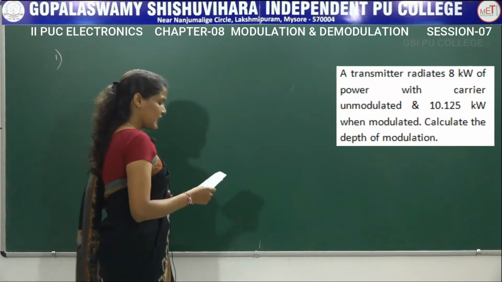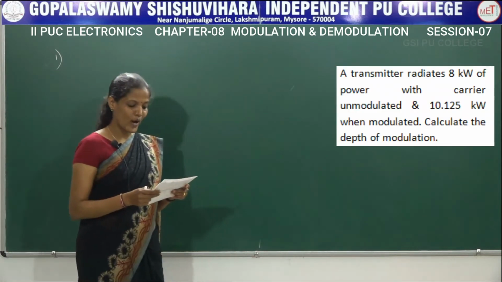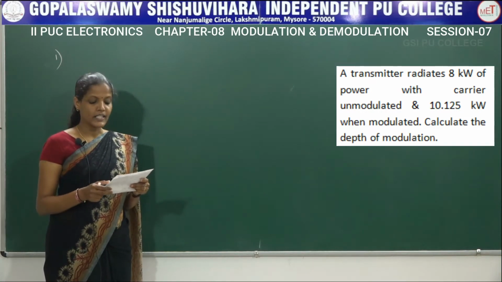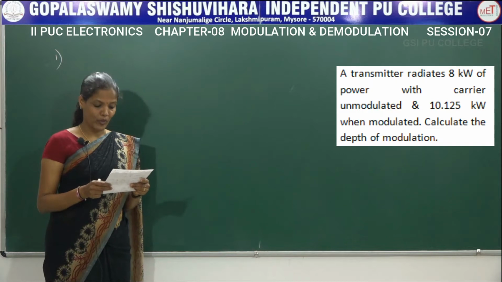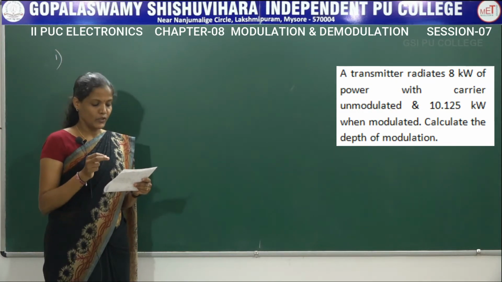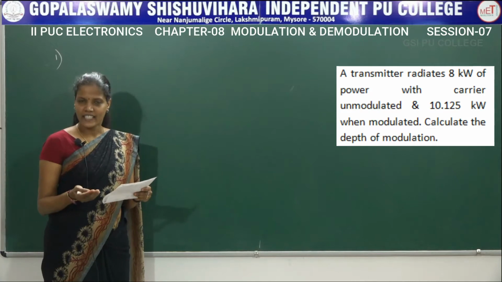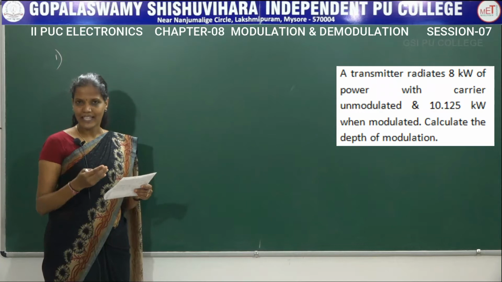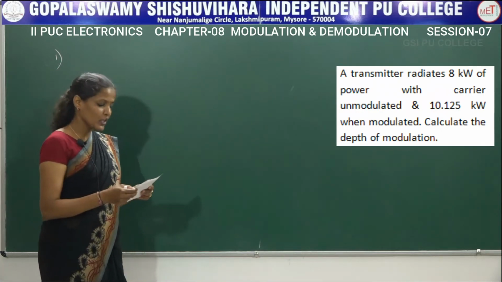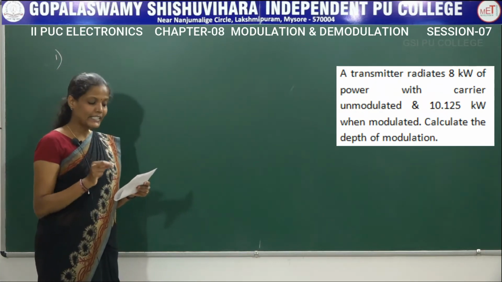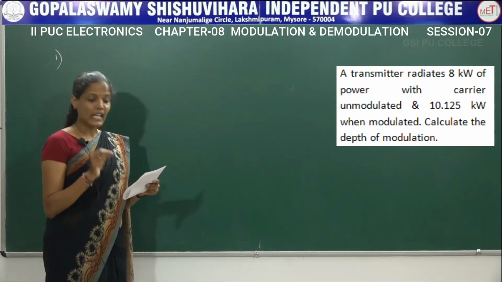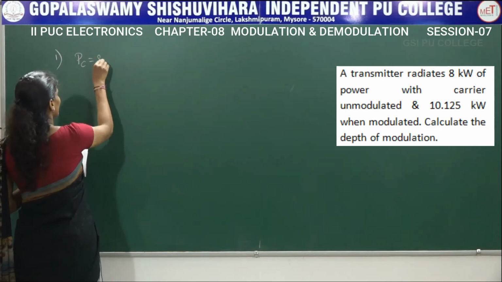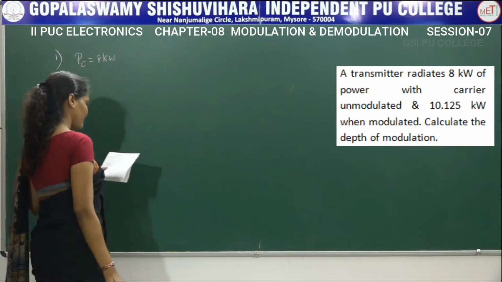a transmitter radiates 8 kilowatts of power with carrier unmodulated and 10.125 kilowatts when modulated. So, with carrier unmodulated, the carrier power or the power of a carrier signal before the modulation process, is nothing but PC, which is given by 8 kilowatts.